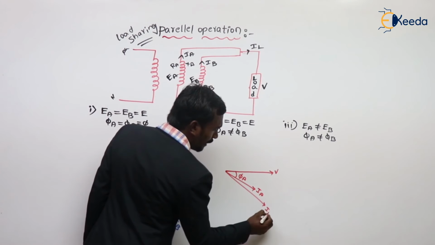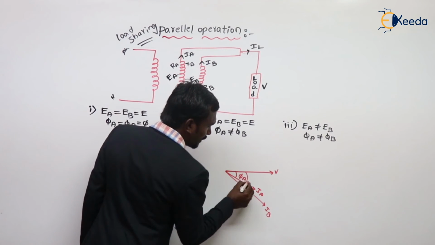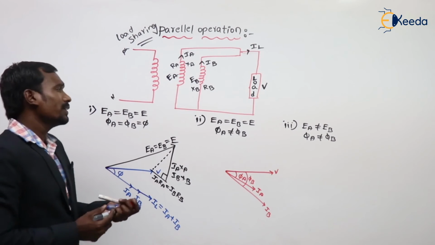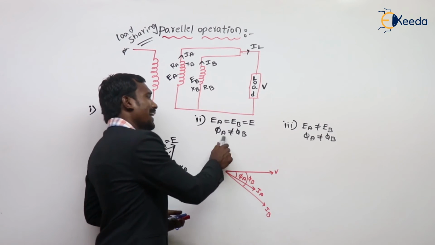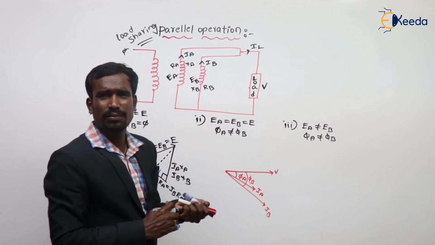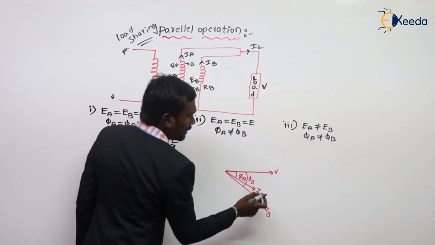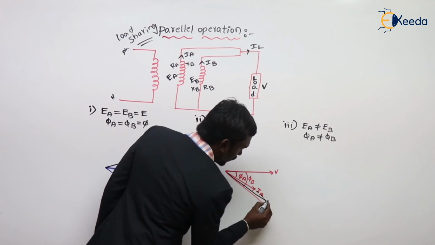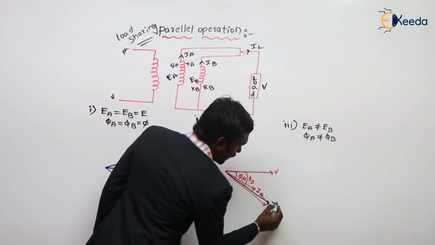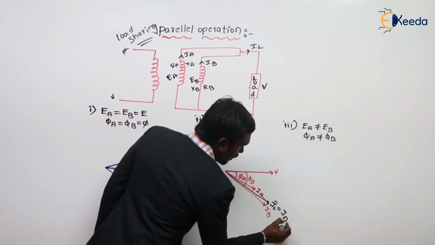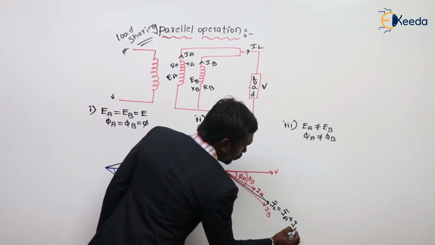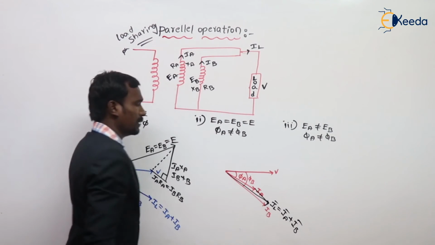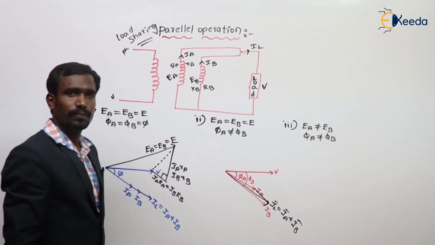This is IB with some angle phi B, power factor angle B. Here, the X by R ratios are different. But I want the load current. The load current is the vector sum of these two, because these two vectors have different displacement.